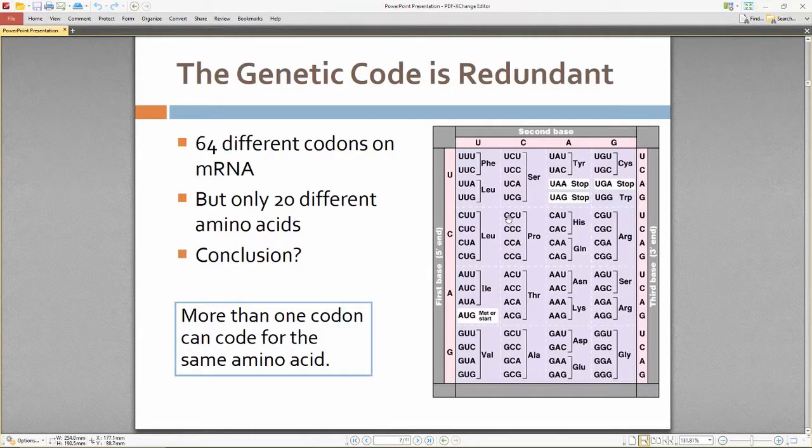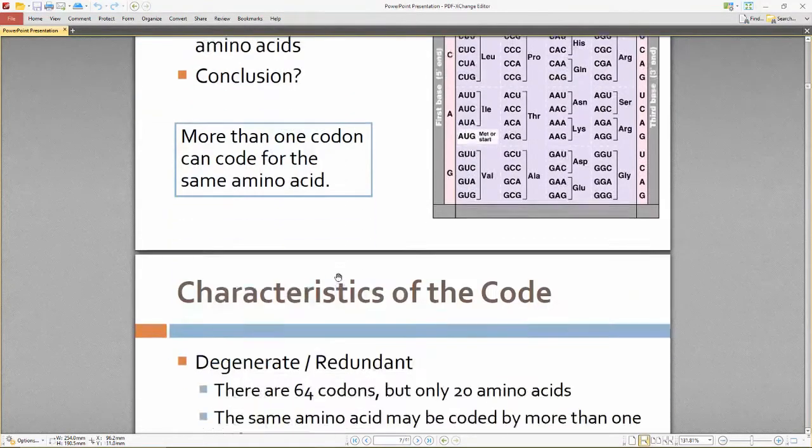If your CCU is not working, then you still have a CCC, a CCA, and a CCG to still code for proline. And vice versa, if CCC isn't working, then you have a CCU, CCA, and CCG. That's what redundancy means.